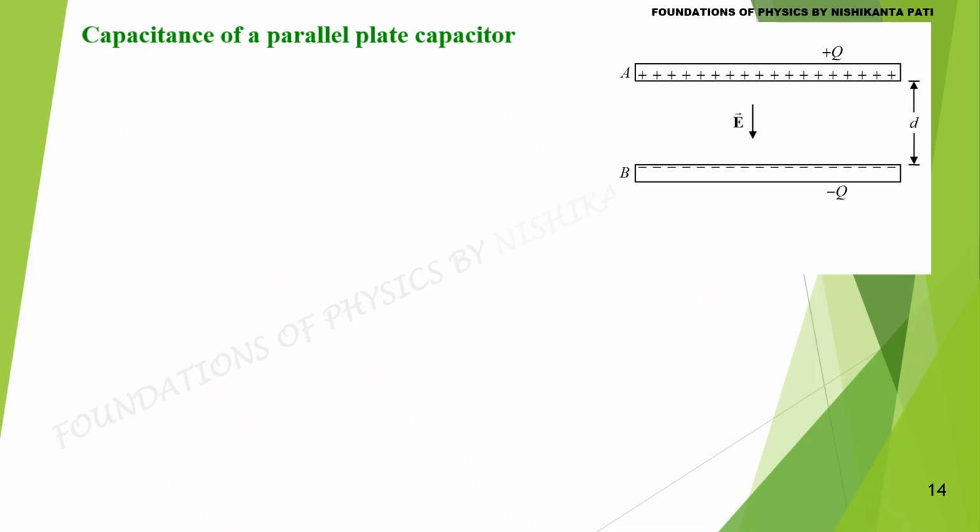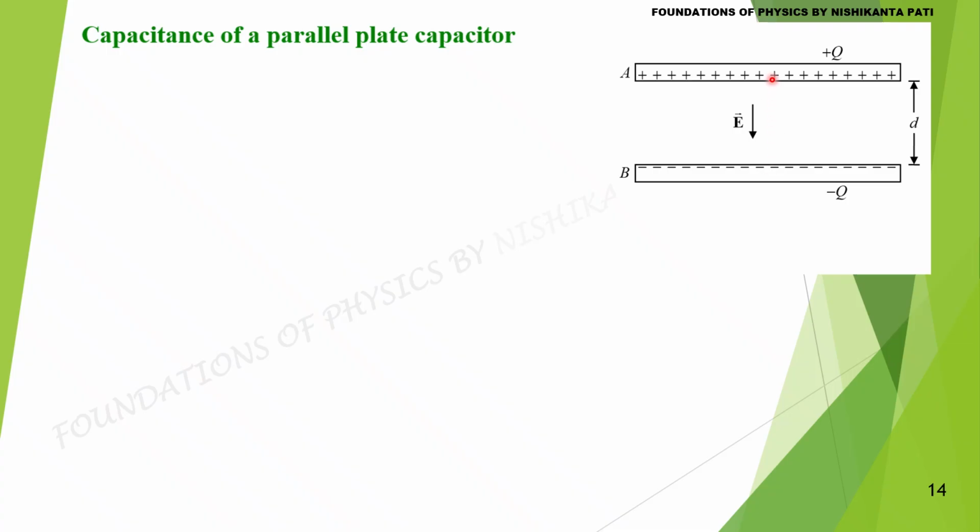So this is shown in this 2D figure. The upper plate is given charge plus Q. The lower plate is given charge minus Q. Here Q is greater than 0. So the upper plate is positive, the lower plate is negative. All the positive charge on the upper plate comes to the lower side. All the negative charge on the lower plate goes to the upper surface.